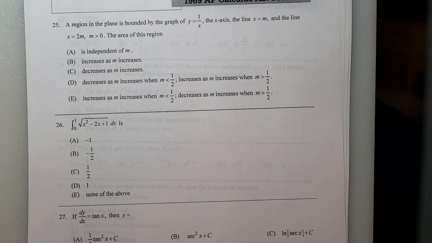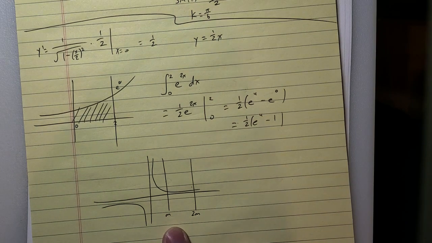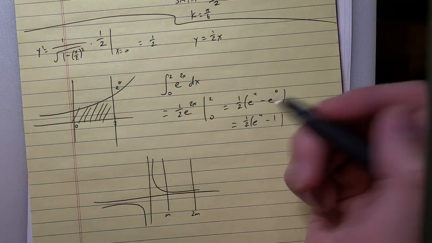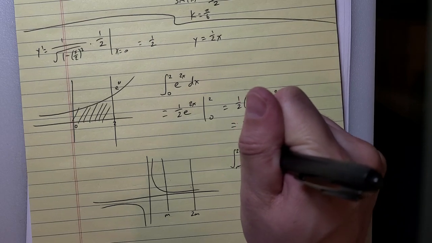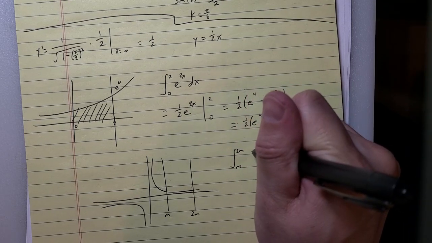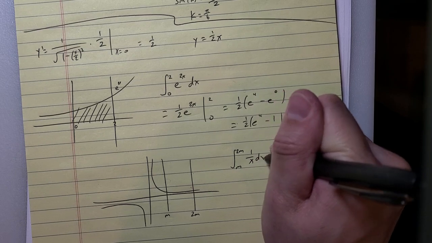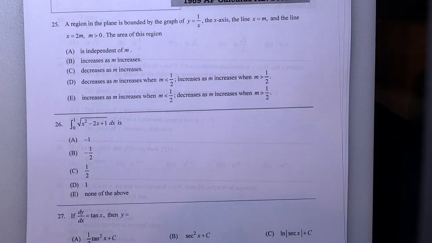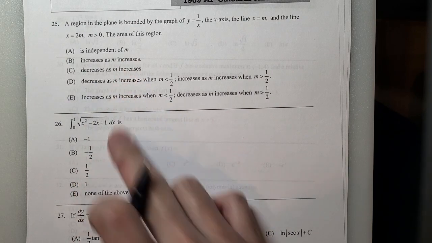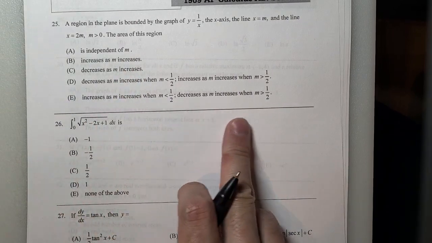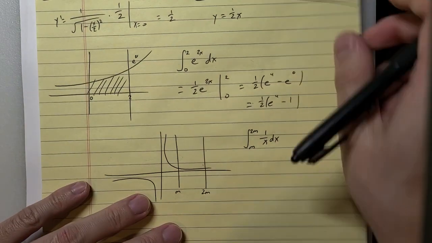So the area of this region, we can even just put it in an integral, from m to 2m of 1 over x dx. Okay, so let's try to solve this.